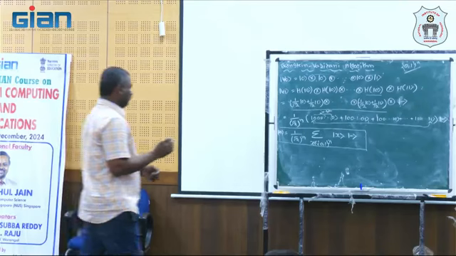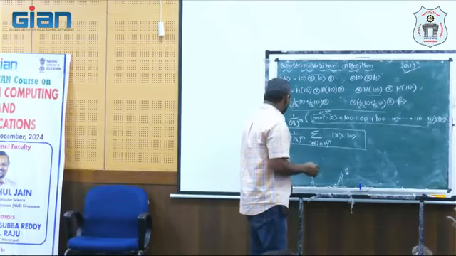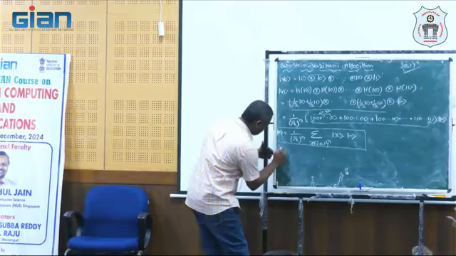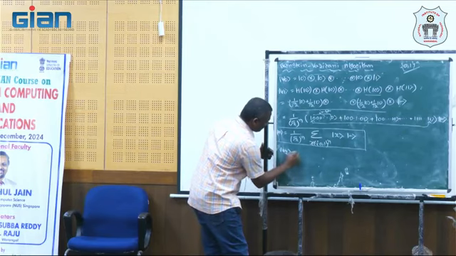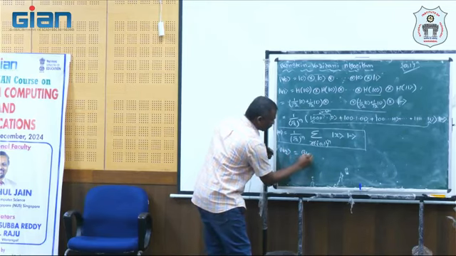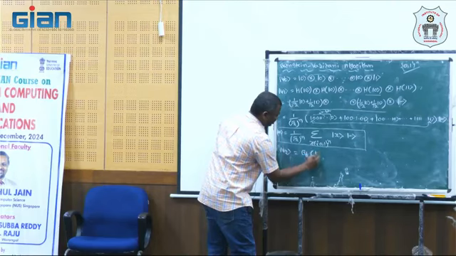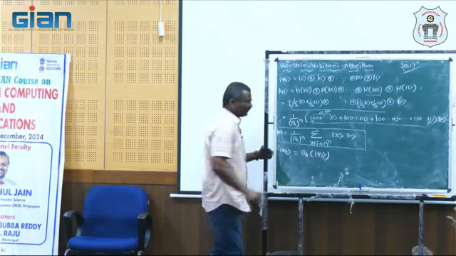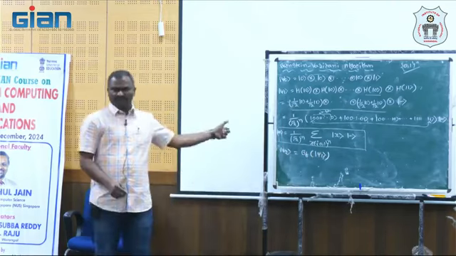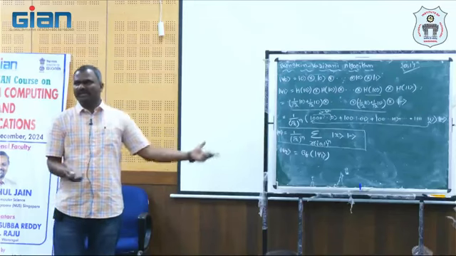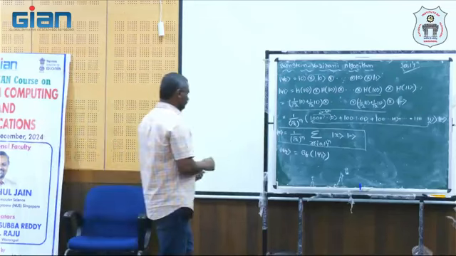Now, next is what is psi 2? Ket psi 2. The black box function we apply on ket psi 1. After applying that black box function, we get ket psi 2. So what is that value?